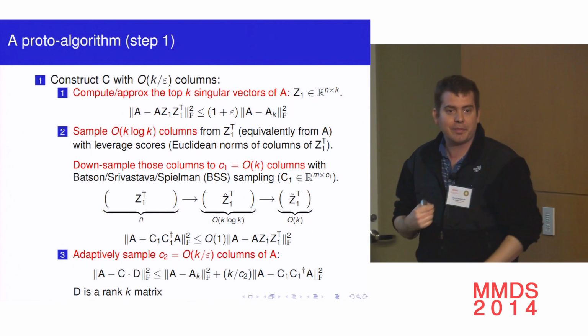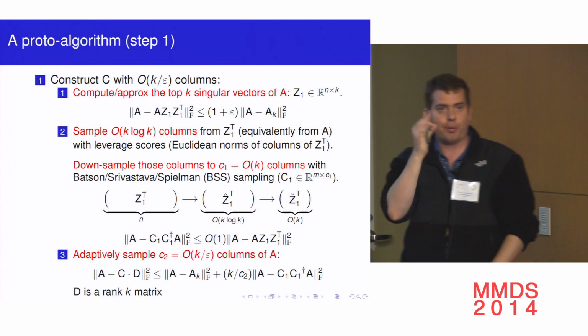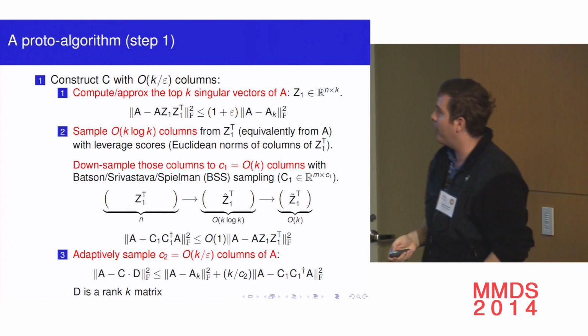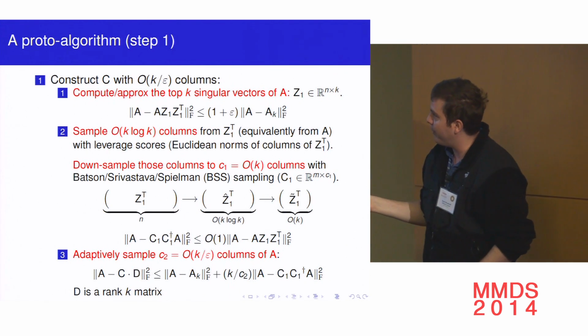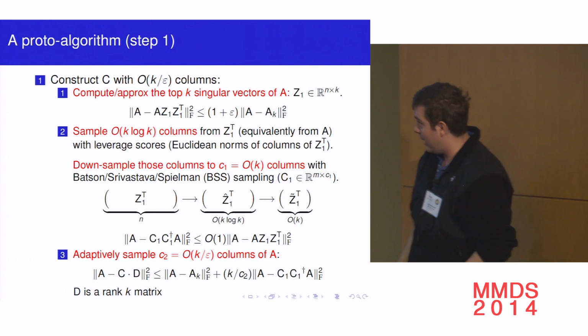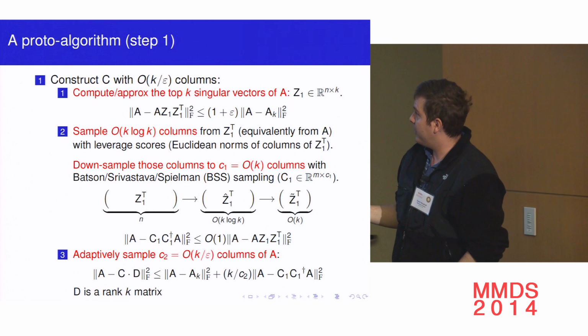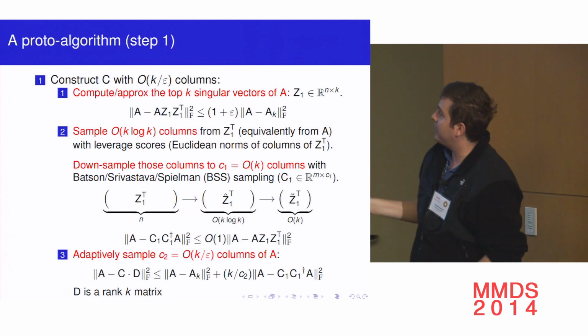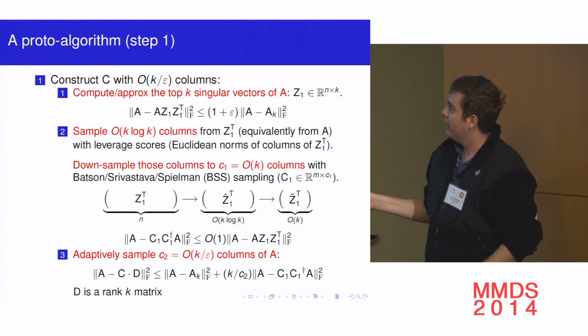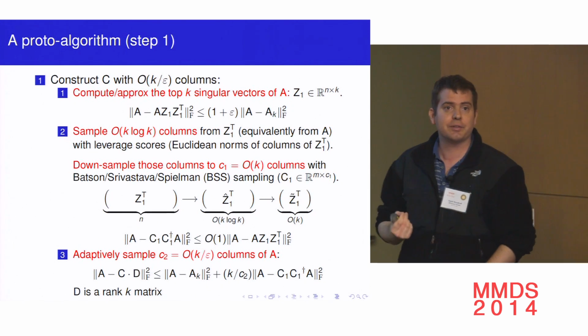And a very nice theorem is that if I start with these columns in C1, if I additionally sample k over epsilon columns proportional to the residual norms, then I drive down the error here. So this was a constant times the opt, and if I sample C2 columns, then the error goes down like k over C2.